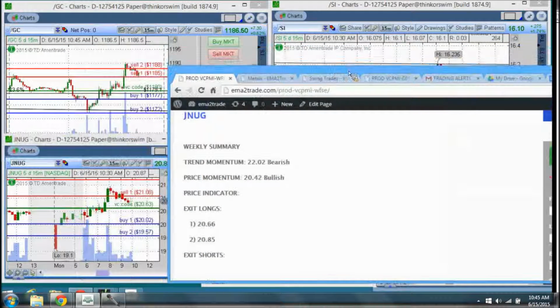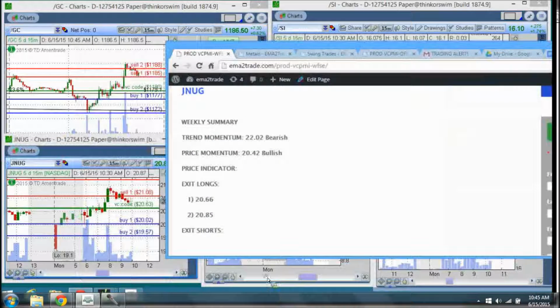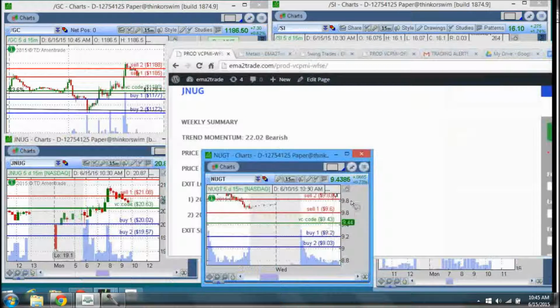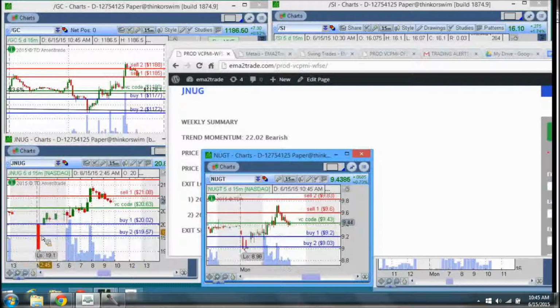And what we're finding is that the application of the algorithm is as successful, and it's universally used for identifying the same entry points, stops, and targets on ETFs.